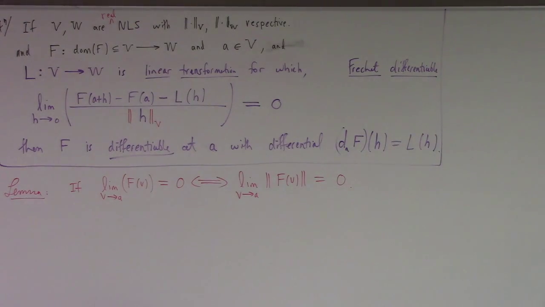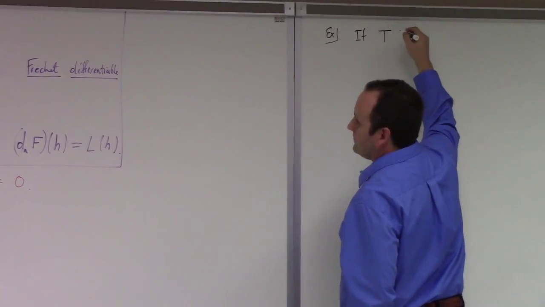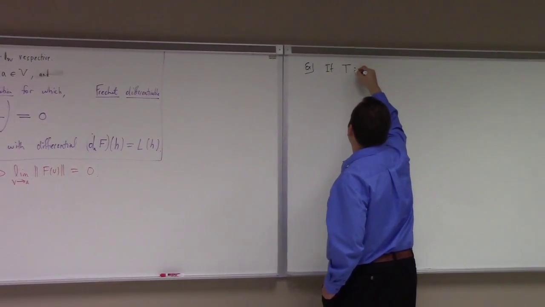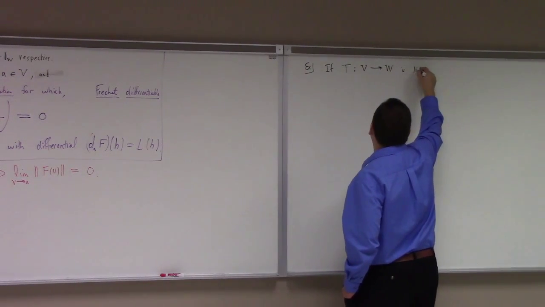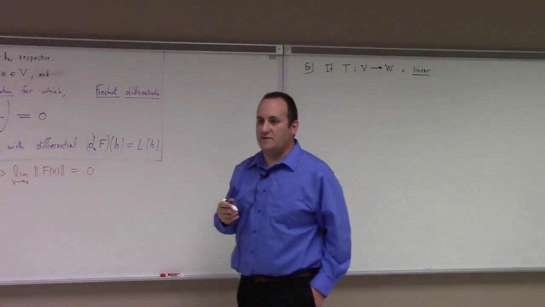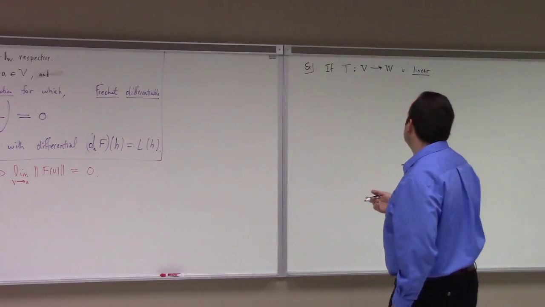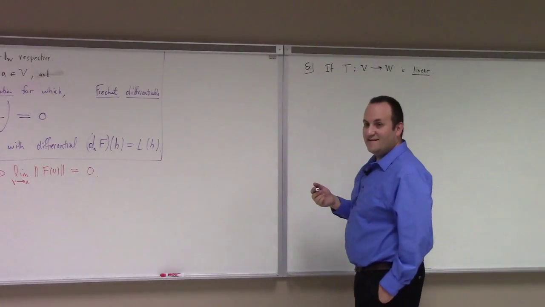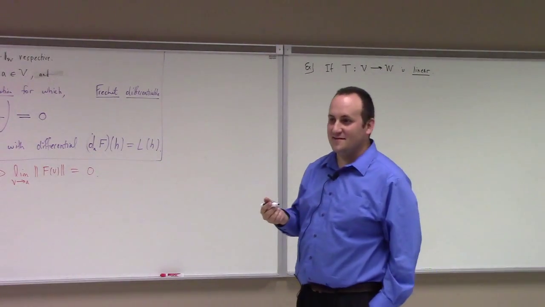All right, so let's pick some low-hanging fruit. Suppose T from one normed linear space to another is linear. What should the derivative of a linear transformation be? What's the best linear approximation to a linear transformation?